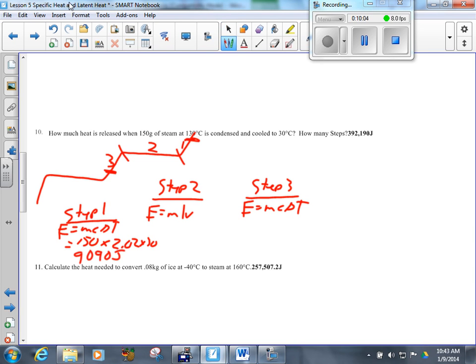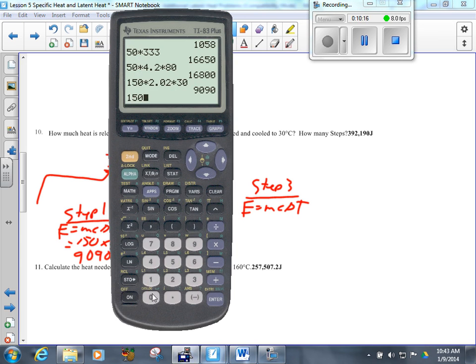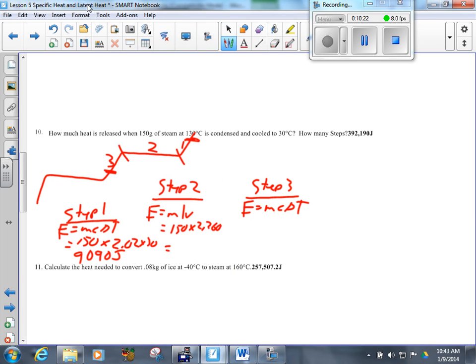Okay, for step 2, we have our 150 grams times 2,260 joules per gram, to find out how much energy will be released when this stuff condenses. All right, and that's 339,000 joules. And then we have to cool the water.